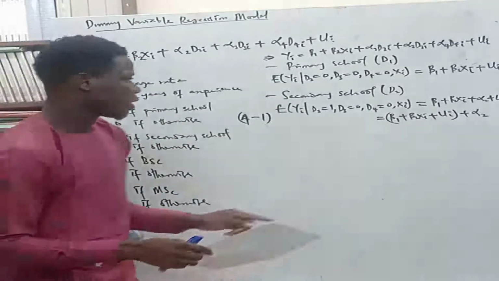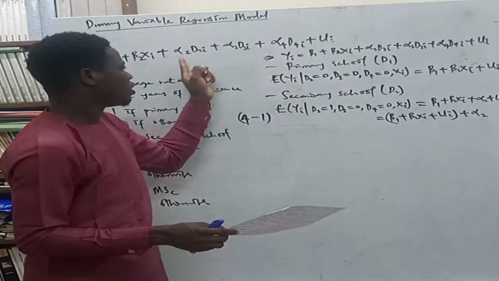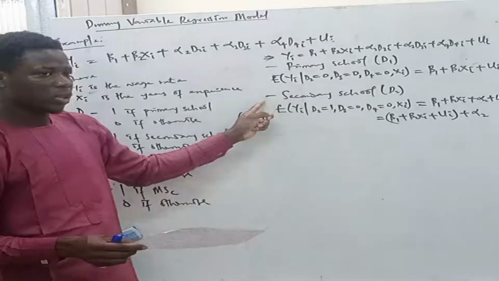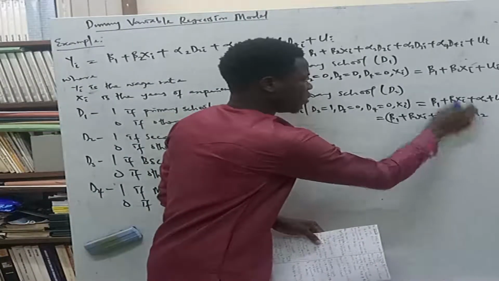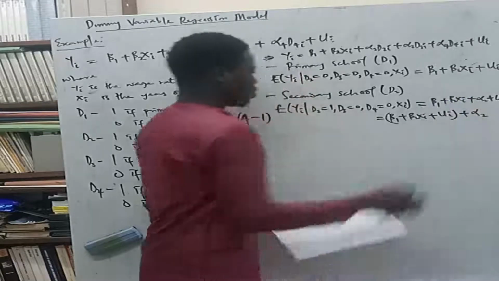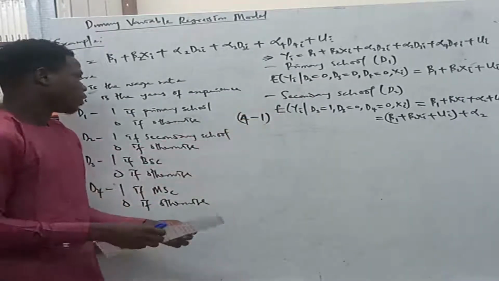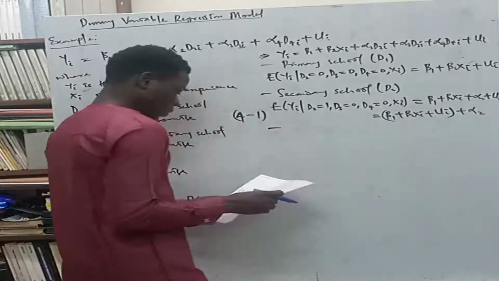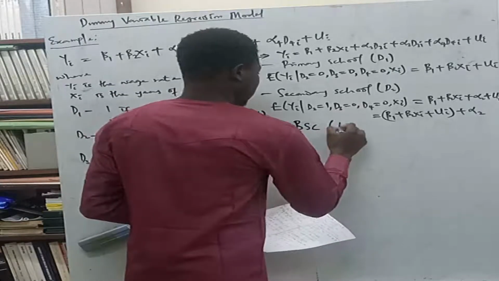This coefficient is the difference between those with primary school and secondary school. Because if you take this value and add alpha 2 to this, you get the average annual wage rate.